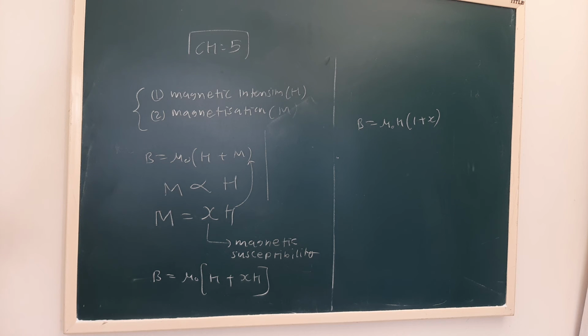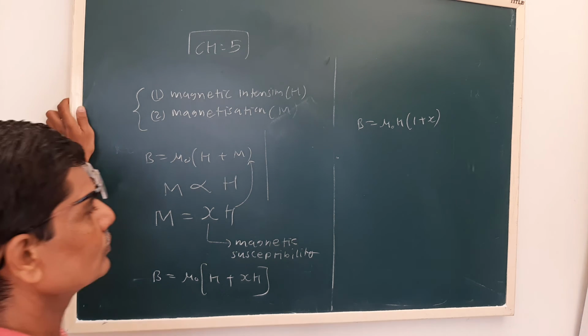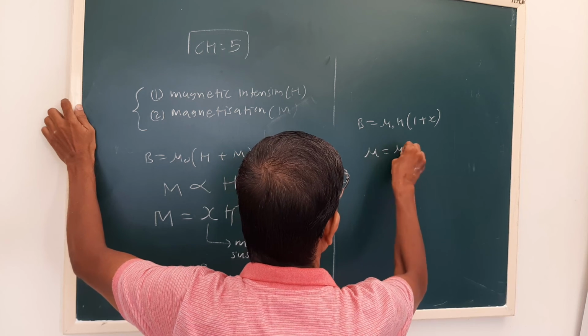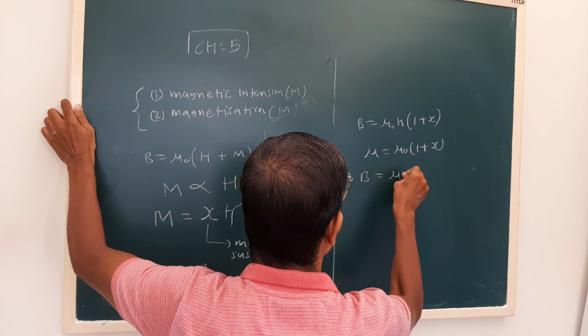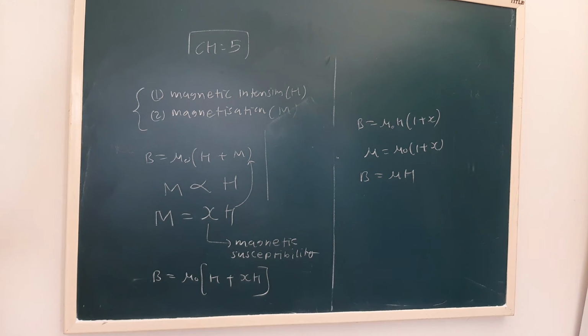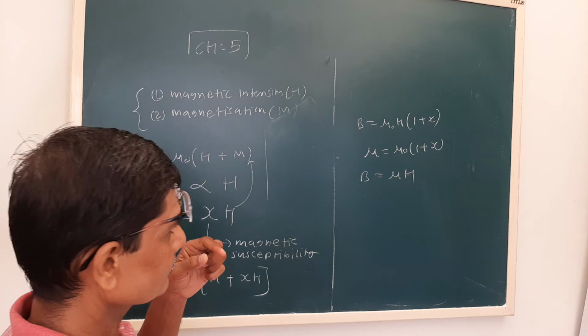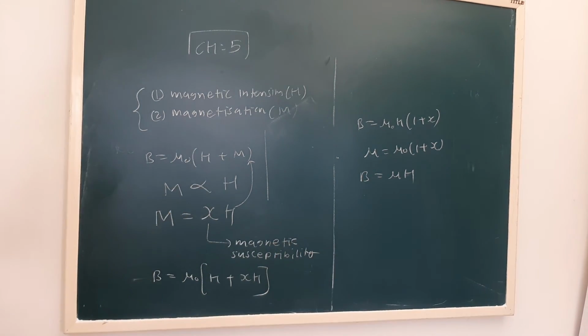Now this mu 0 into 1 plus chi is mu. That is the formula we are obtaining. Now B is equal to mu H.